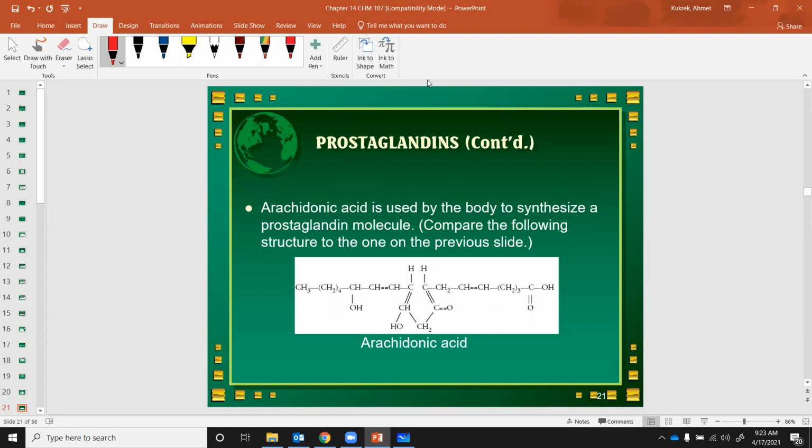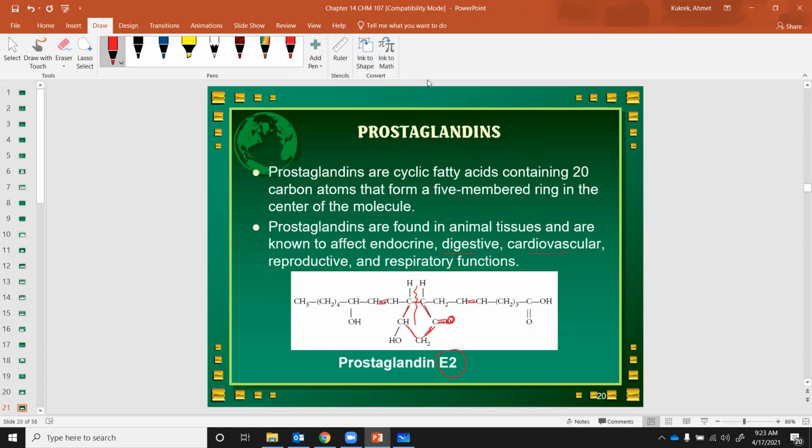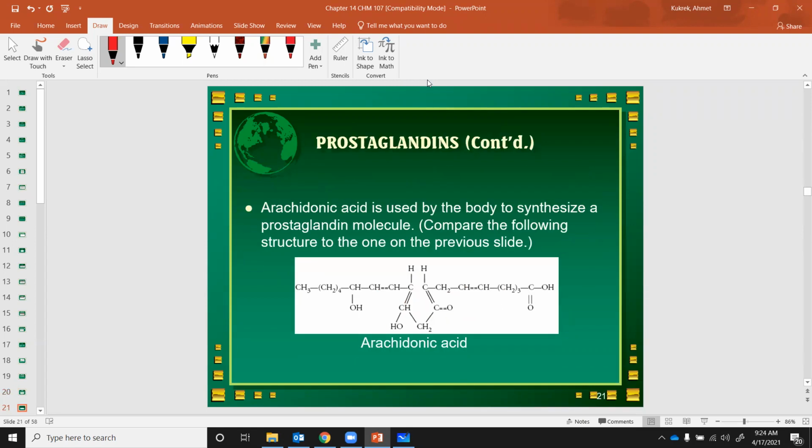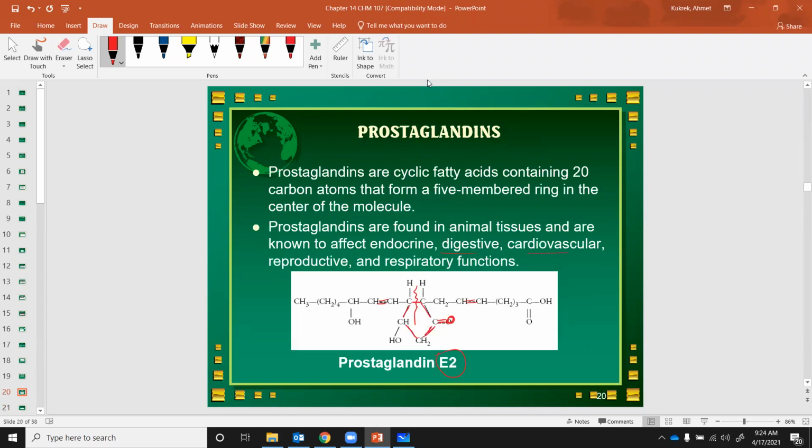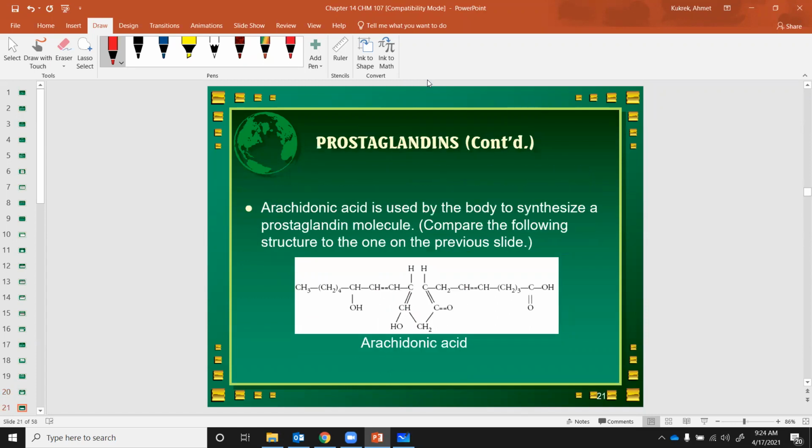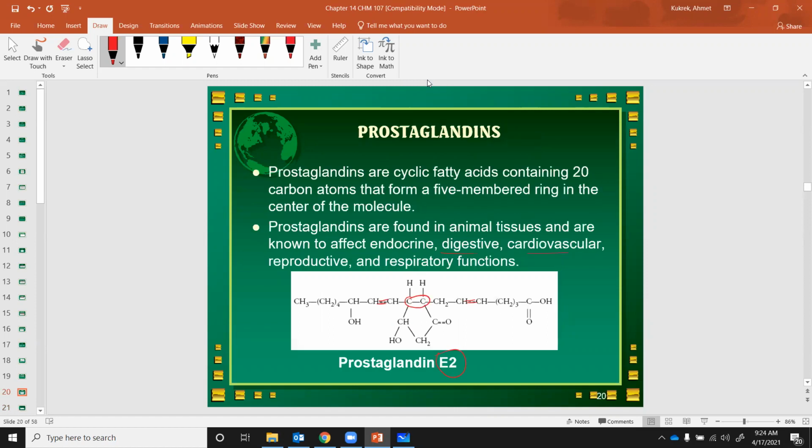Make sense? Maybe I can show you, going back and forward. And then you see there's this 2 carbon. You can synthesize the prostaglandin from arachidonic acid by closing the ring like that.